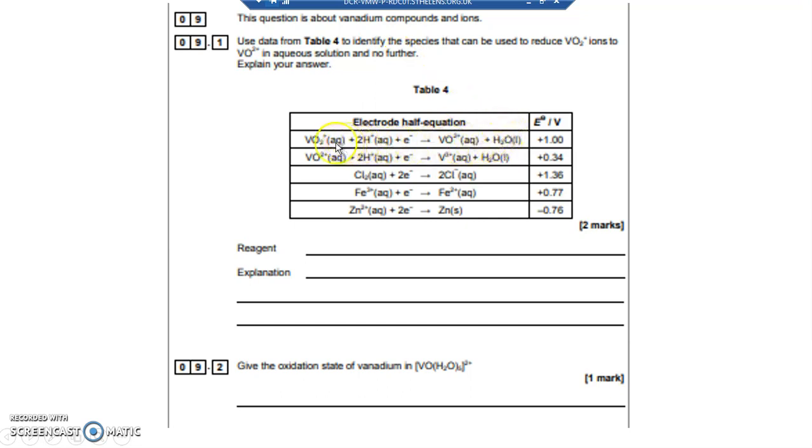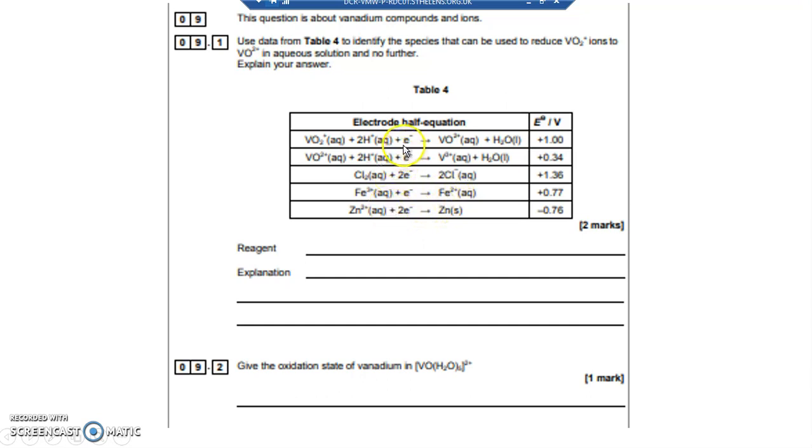So first of all, you've got to decide which of the other equations could make this reaction happen, this top one, with an electrode potential of 1. Well, if this one's going to go ahead in this direction and have a positive electrode potential of 1, the other ones combining with it would go the other direction.